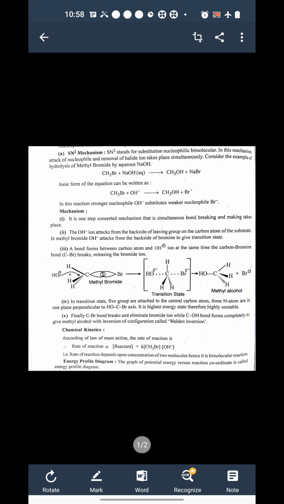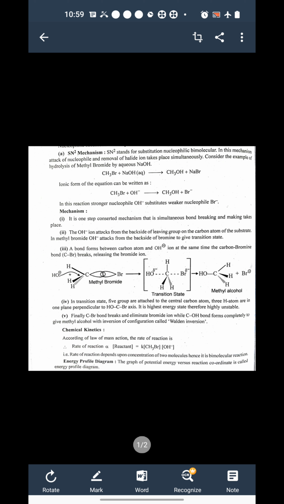Now the reaction mechanism is completed in one step. You can see here the CH3Br molecule is there. First the C-Br bond breaking process started, and at the same time from the back side the OH bonding also started.